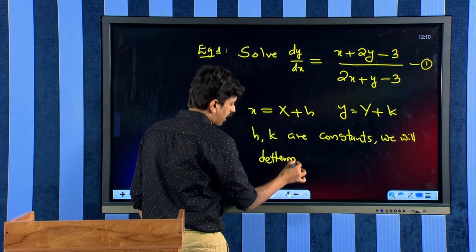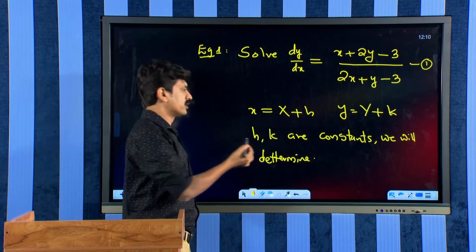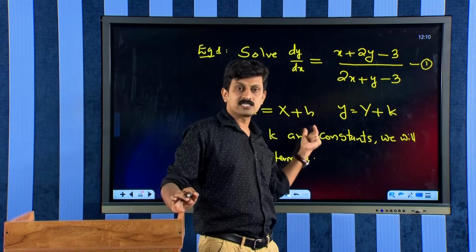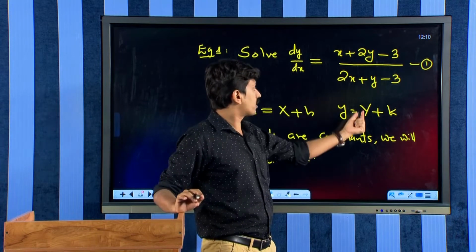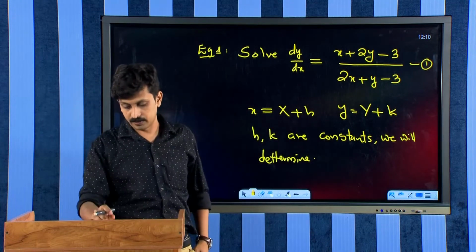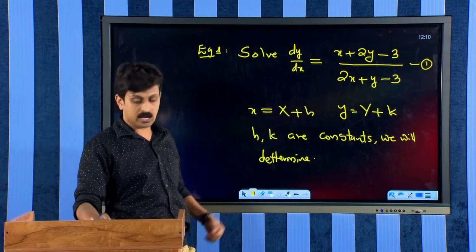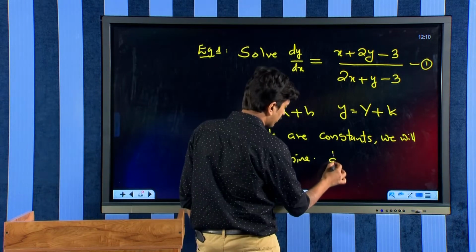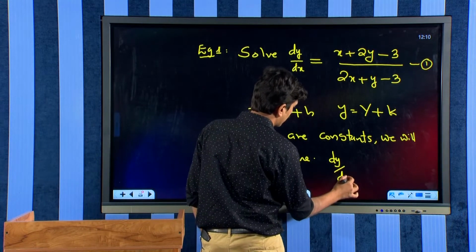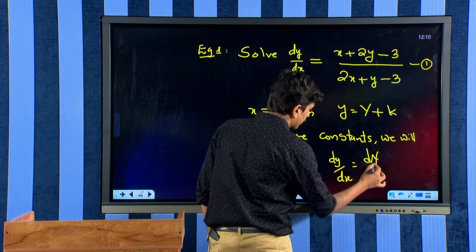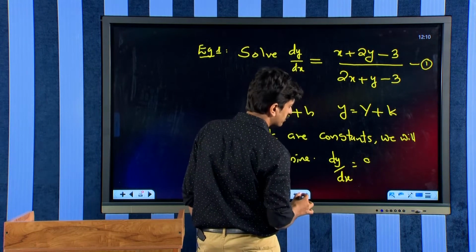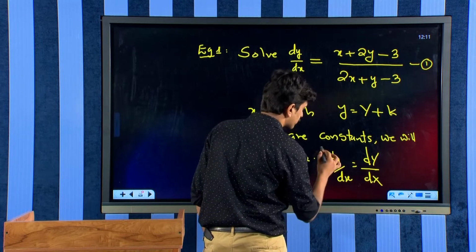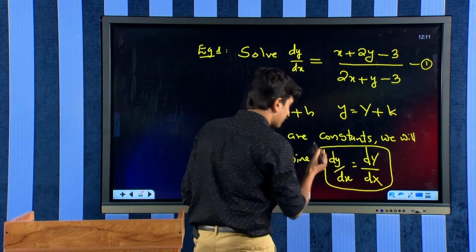We will discuss how we will determine h and k. We just replaced small x as capital X plus h and small y as capital Y plus k, and we consider small dy by dx as capital dY by dX.